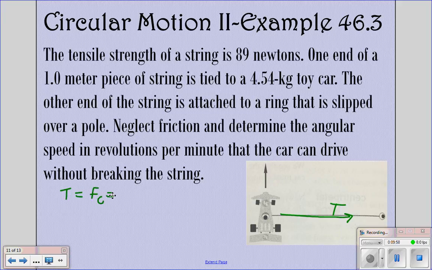And on this one, we want to determine the angular speed. Angular speed, that is the omega, so we're going to have m r omega squared. So our tension, they told us the tension, the strength of the string is 89. And we don't want to break the string, so we can go no higher than 89 for our strength.